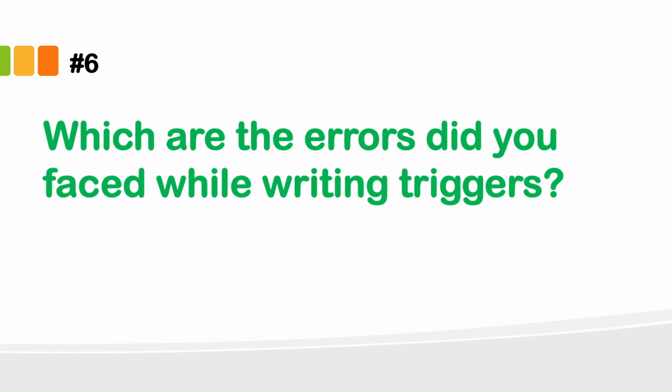The sixth question is, which errors did you face in triggers? We face many errors like System.LimitException, which occurs when we hit the governor limit. Then System.DmlException, which occurs when we miss any required field. Third is System.NullPointerException, which occurs when we try to access fields or variables that are null.